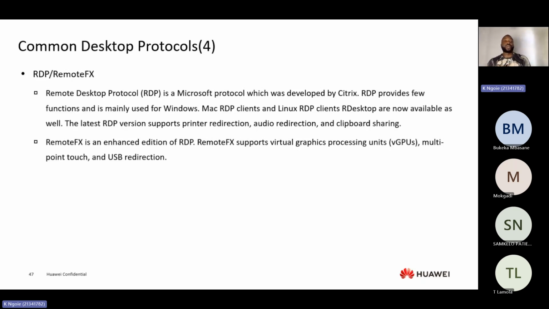For Linux, you have what we call rdesktop or FreeRDP. For Mac OS, you have the Microsoft Remote Desktop app. So basically, you can have it on Windows, Mac OS or Linux. It's widely used due to its built-in support in the Windows operating system. That's one of the reasons why it's widely used.